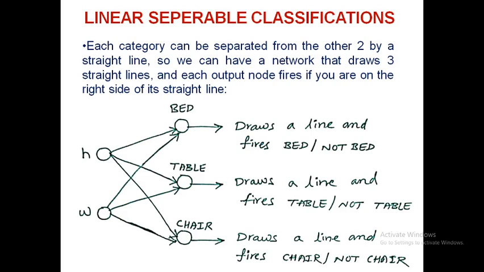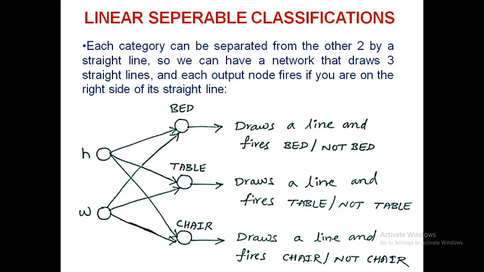Now for these two inputs, height and width, if we take the first output neuron, it draws a line, and if the output neuron bed is fired, it means it may be bed or not bed. In a similar way for table and chair, it draws a line and fires the table or not table, fires the chair or not chair. Instead of zeros and ones, here I have taken bed, table and chair. In that case, these three classes will come when it is satisfying.